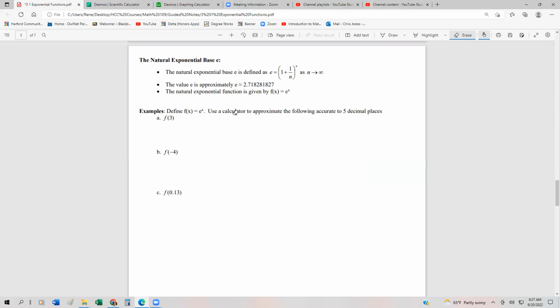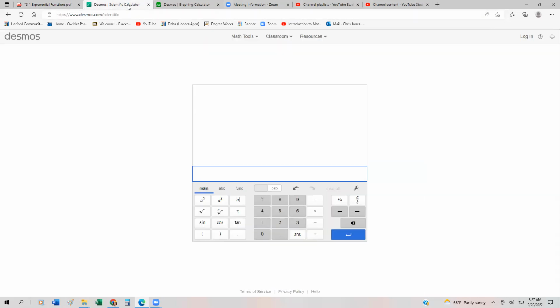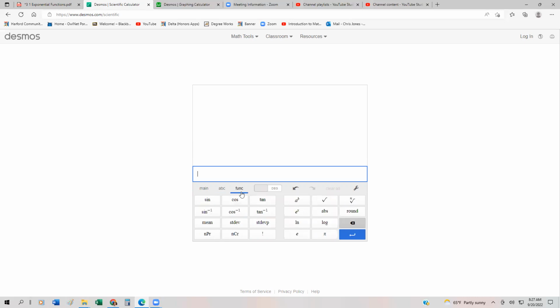One of the first things we have to do is make sure we can use a calculator to approximate e to the x. So f at 3 is really just e cubed, and we're going to approximate it to 5 decimal places. For those of you using Desmos at home, go to func, F-U-N-C, for function, and here's your e.